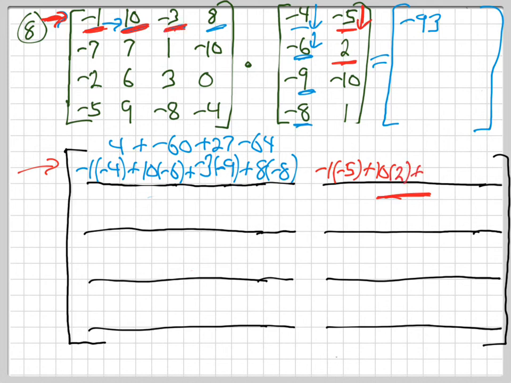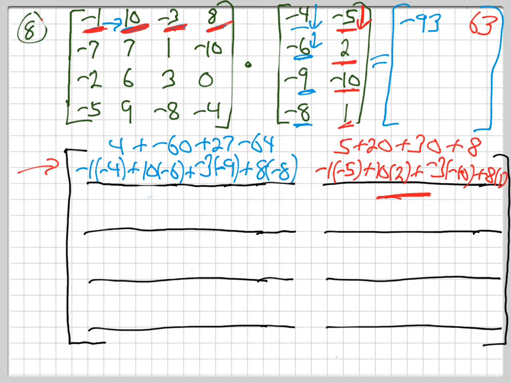Plus, go to the right, go down, always, -3 times -10. Go to the right, go down, 8 times 1. All right, so that's 5 plus 20 plus 30, two negatives there, plus 8, if you can read all my little scribbles. I'm running out of room there. 63. Upper right. Okay, let's keep going.